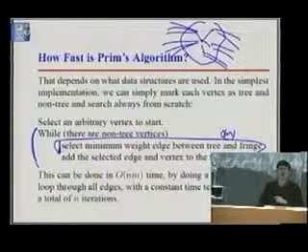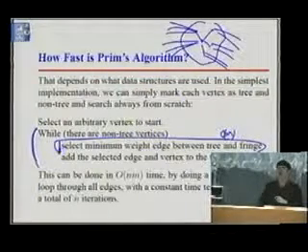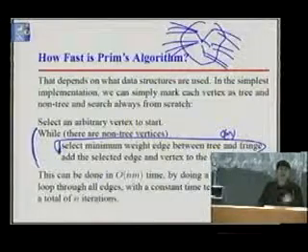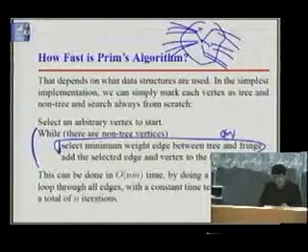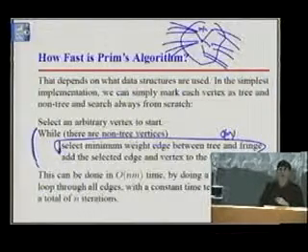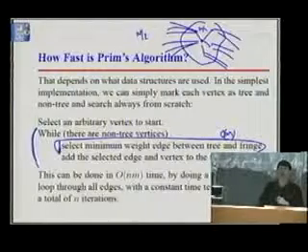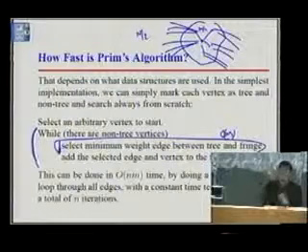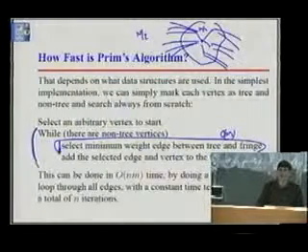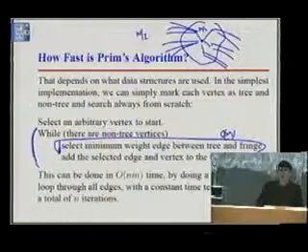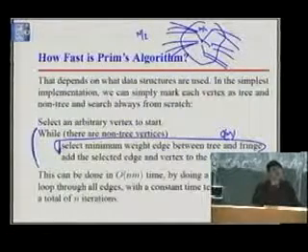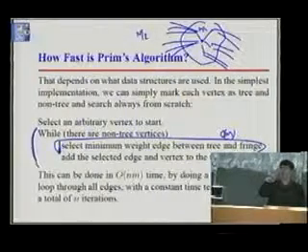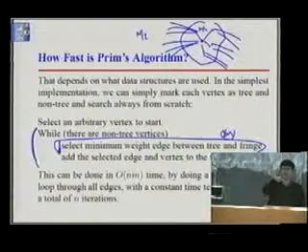Can there be a quadratic number of edges? The answer is yes. What if I have n over 2 vertices inside my tree and n over 2 vertices outside the tree, and all of these n over 2 vertices are connected to all of those n over 2 vertices, if it was a complete graph? Does everybody agree with that? So even if I just knew exactly what edges were in this fringe, it would still potentially take a quadratic number of edges. Do people see that?